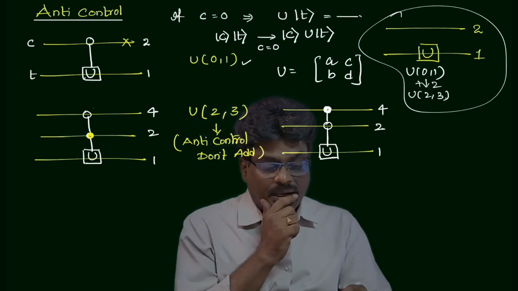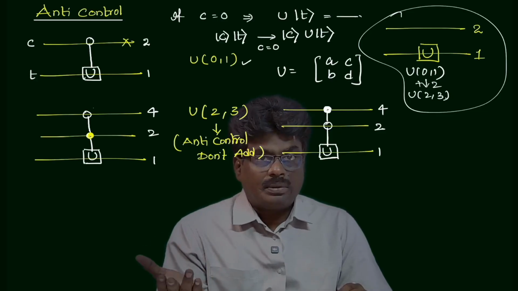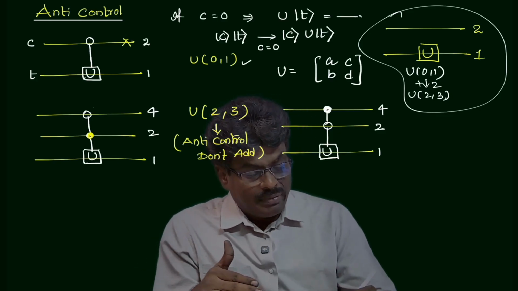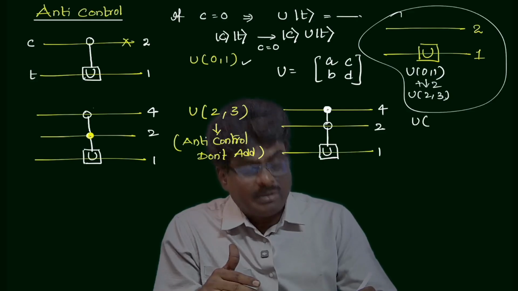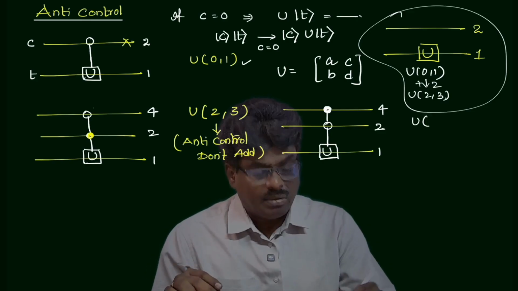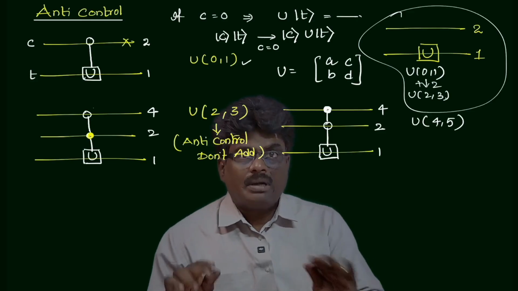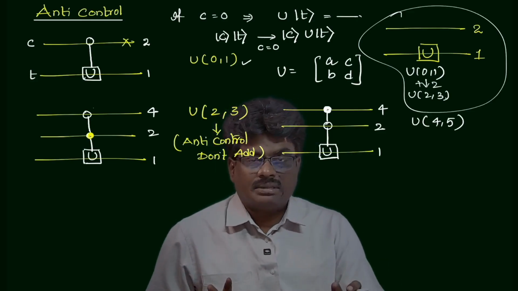Right. So here the control is the fourth one and the anti-control is the second one. Wherever you have a control operation, just follow the same operation, that is U of C. C is here, it is a 4, 4 to 1. That's why 4 comma 5. But now don't add 2. That's it. That is what I'm saying.